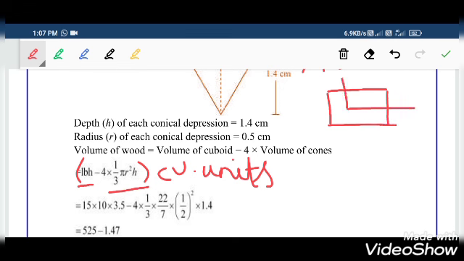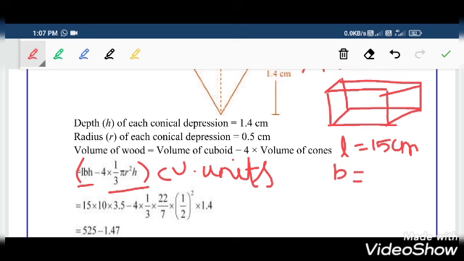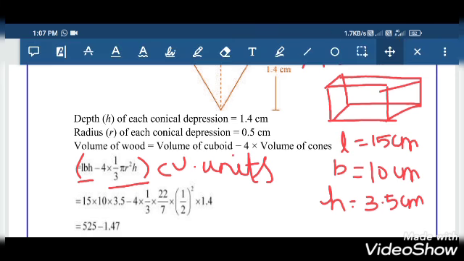You need to draw the cuboid and mention the values. Length L is equal to 15 centimeter, breadth is equal to 10 centimeter, and height is equal to 3.5 centimeter. This is the given value. Directly we substitute the values here.